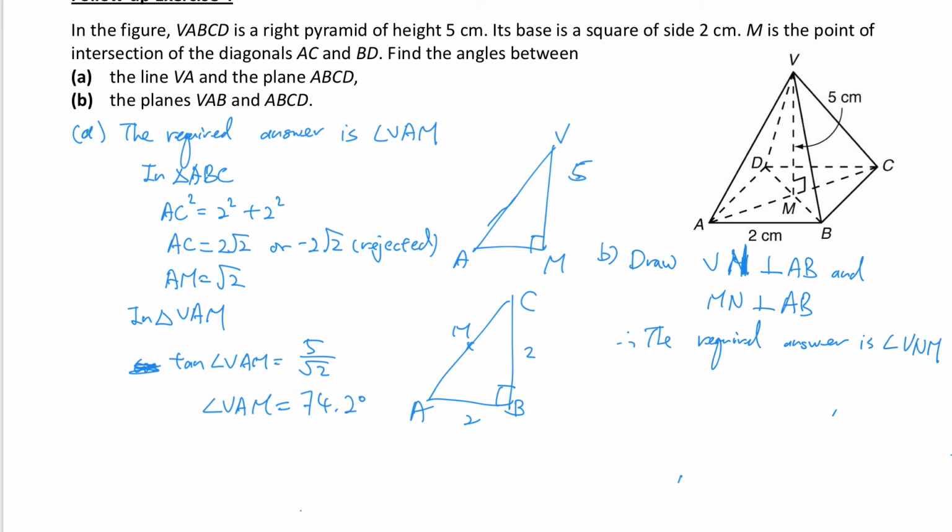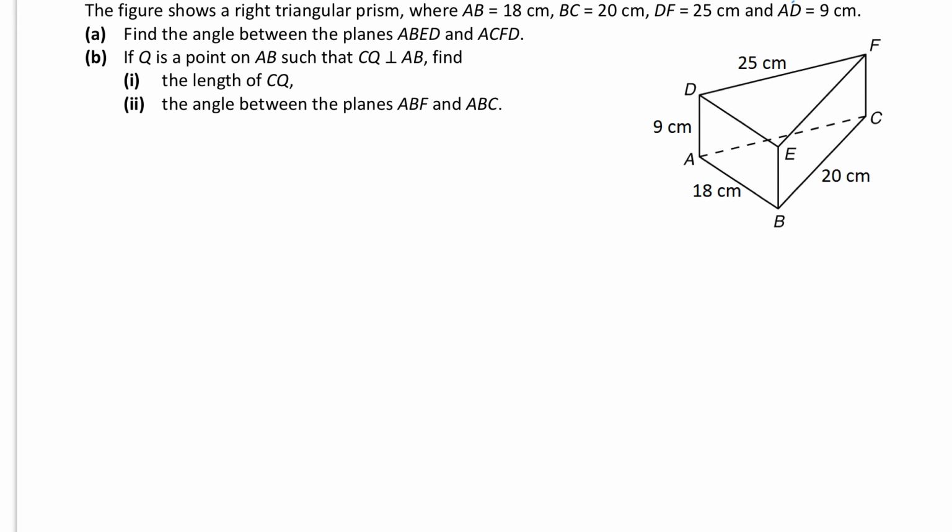I know NM is equal to 1, and VM is given as 5. So finish. Tangent of angle VNM is equal to 5 over 1. Angle VNM is equal to 78.7. Done. You may try to do the following exercise 5, and if we have time, we will discuss it in the lesson.